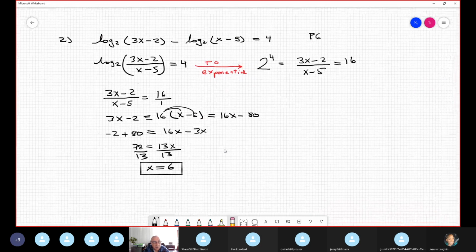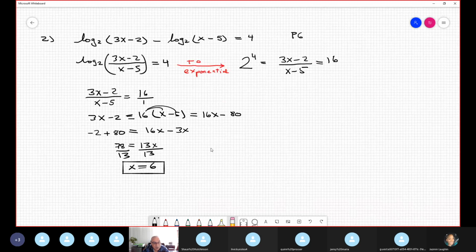Well, we have only one solution. If this solution failed when I plug it in the original, we would have no solution, but that would be weird. Let me try to check.